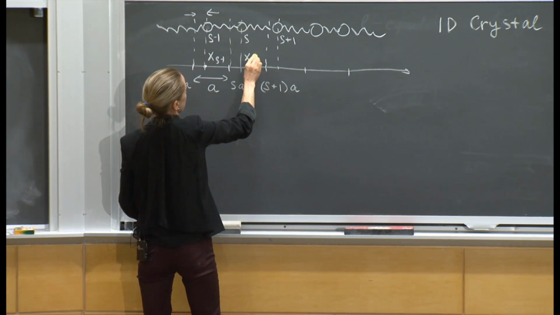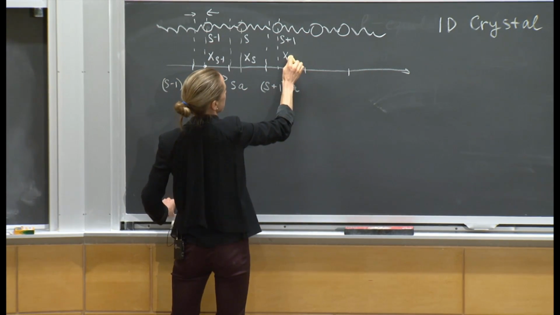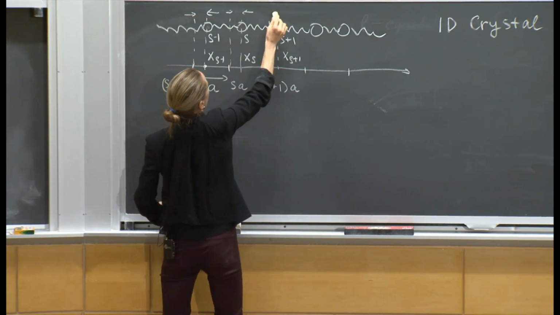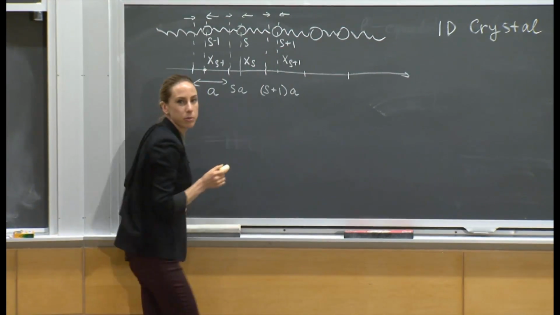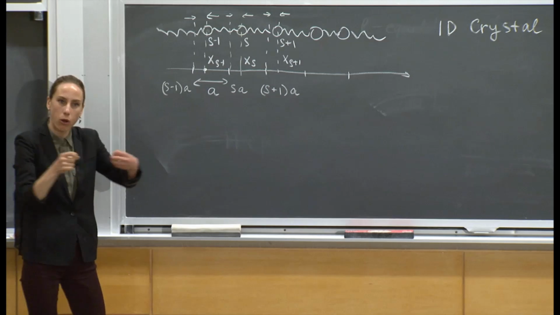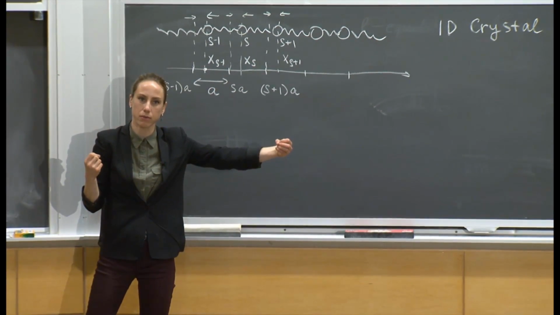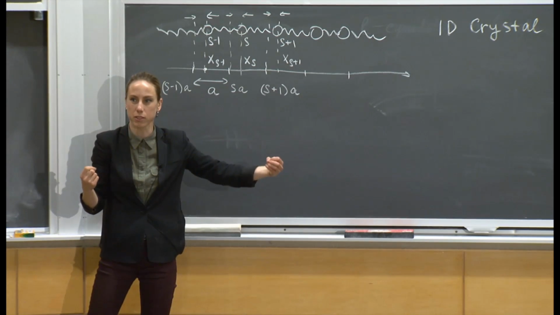So this is position XS, this is position S plus 1. So they're all slightly off their equilibrium positions. But they're all connected by bonds, so they're not completely independent. And we have infinity of them.